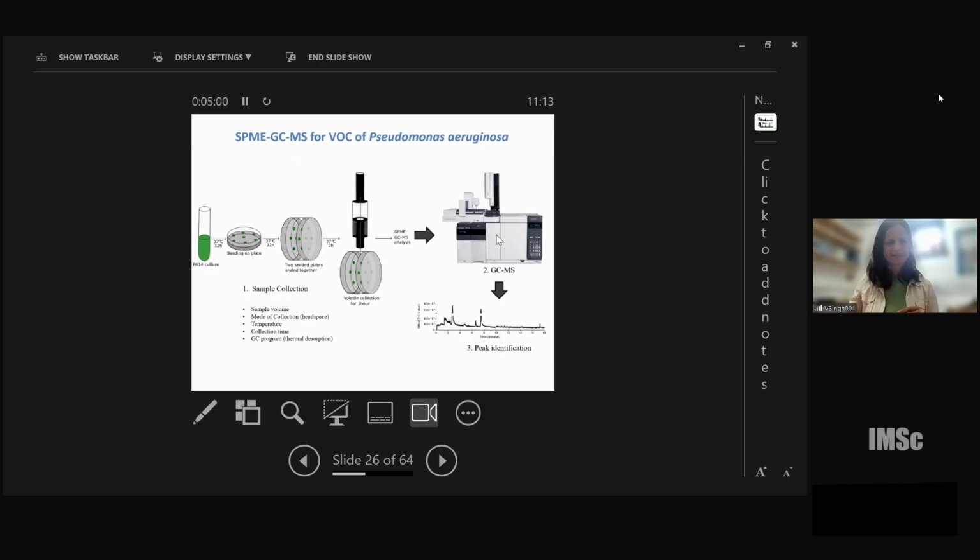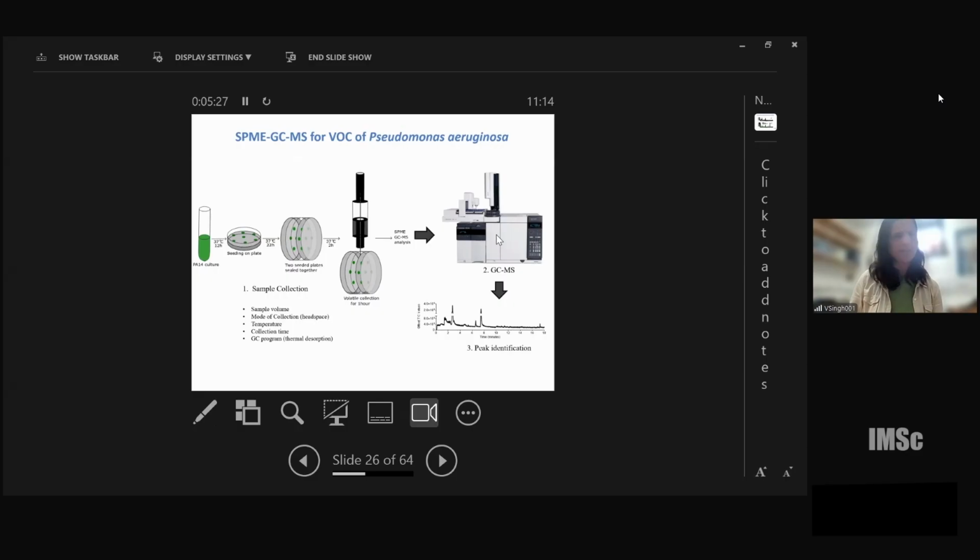So you take the mass of what you had collected, then you fragment it further, and then look at mass by charge ratio to identify what each ion could have. And then you compare what is coming out of the GC to look at what it could potentially be by comparing it to a library of chemicals which is available to test against.